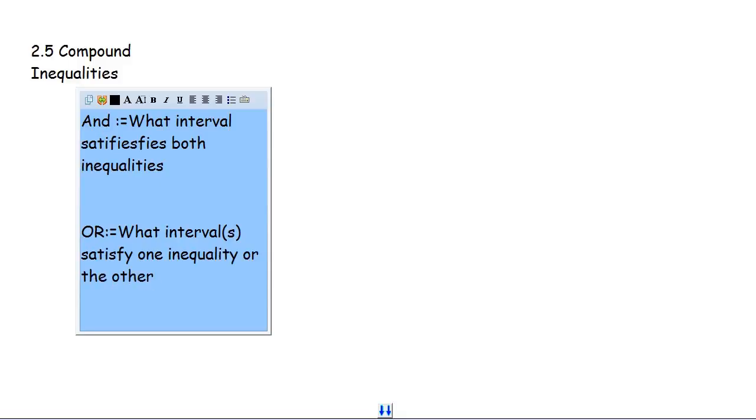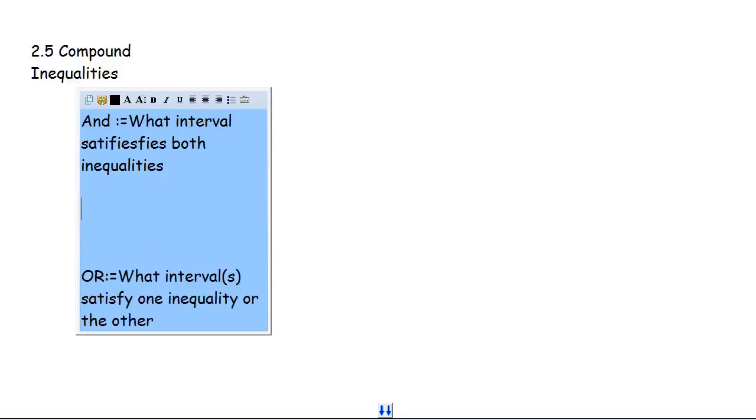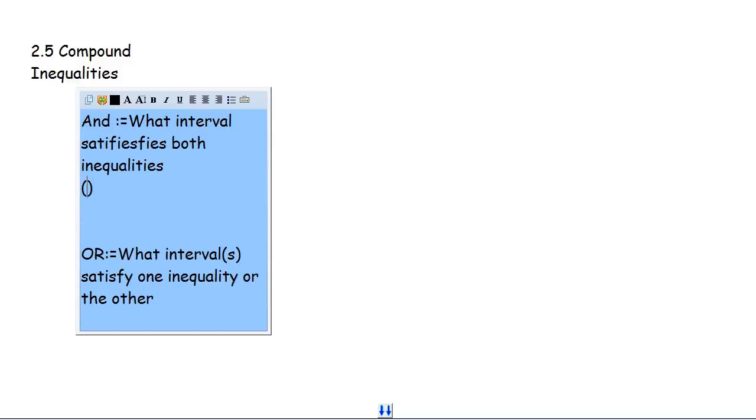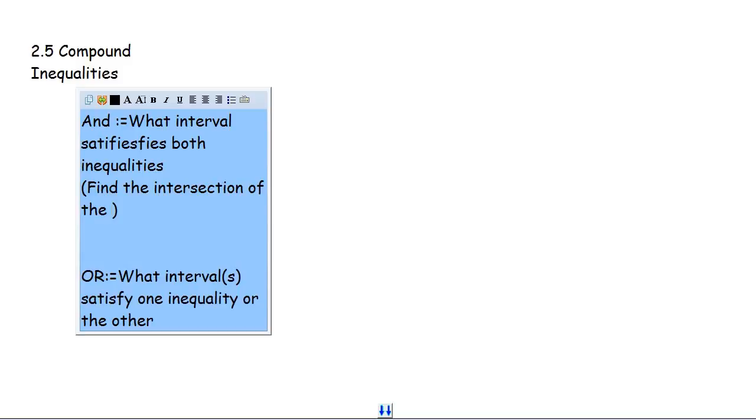And so the official terms that we use for AND problems are to find the intersection, find the overlap of the two sets from each inequality, sorry.